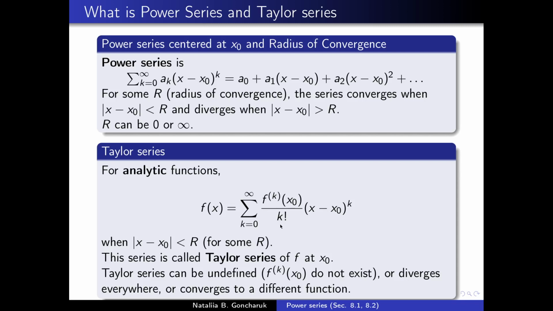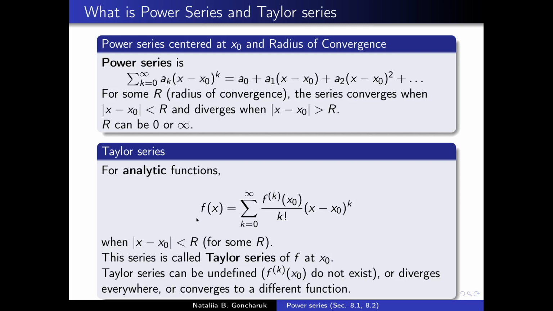Or the series can diverge everywhere, or it can converge to some other function. But for good analytic functions, this formula holds true near x0, for x minus x0 sufficiently small. So we are only going to work with analytic functions.